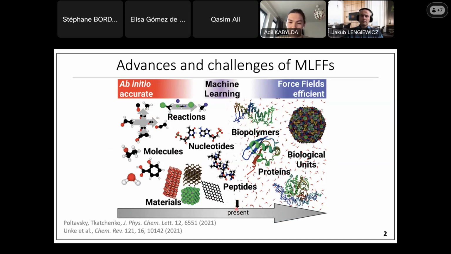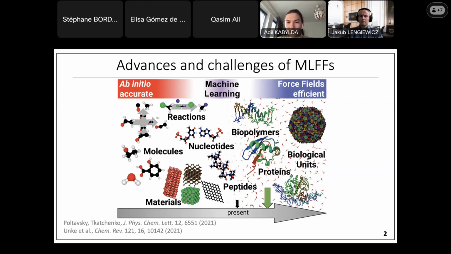And now in 3 years, it moved quite a bit to the right. Now people can model some proteins in water, up to 20 or 30,000 atoms. So this is more or less the state of the art now.